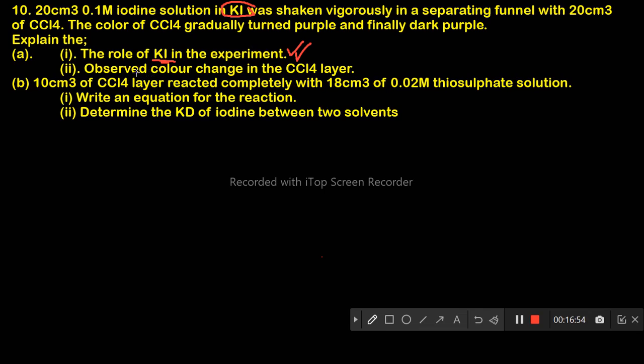Then the observation of the color change in the organic layer, it turns reddish brown. Why? Because it dissolves some iodine from this potassium iodide. Then 10 centimeters cubed of this organic layer required 18 of the 0.2 molar sodium thiosulfate solution.